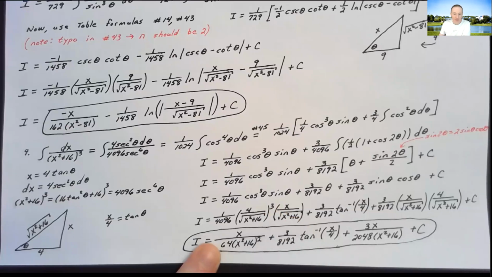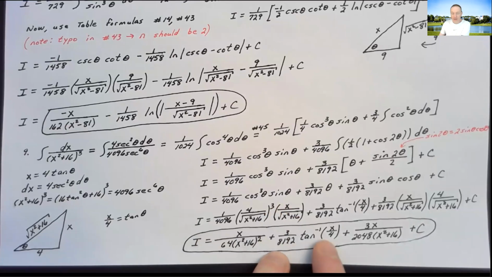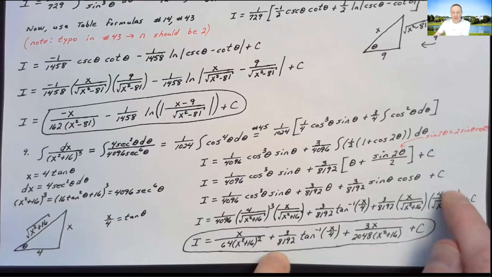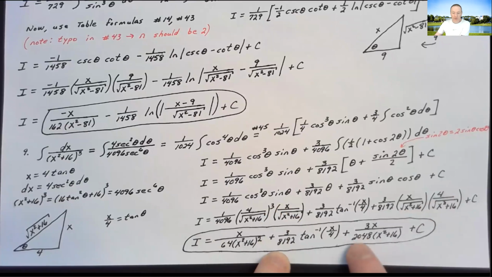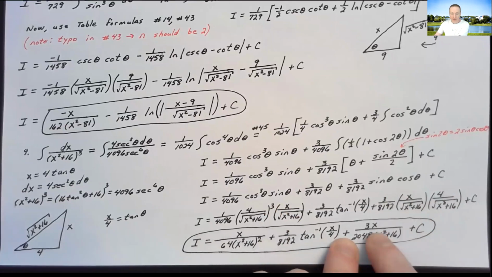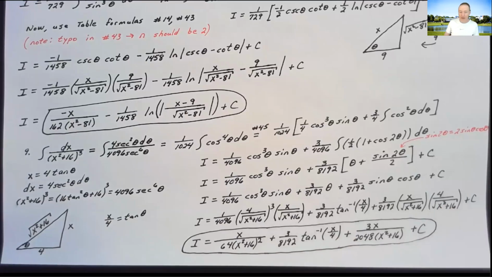A square root raised to the 4th power means you have the group to the 4 over 2 power, or that group squared. Now the next term I have is 3 over 8192 inverse tangent x over 4. I didn't do anything to that part. The next one I reduced the 4 over 8192 down to 1 over 2048. The 3 didn't reduce with that, so I left it the numerator 3x over 2048, and then the 2 square roots multiply to give me that group to the 1st power, plus your constant of integration.